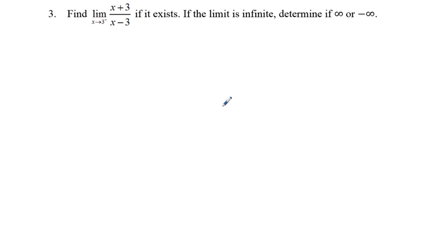Okay, 3, find the limit as x approaches 3 from the negative side of x plus 3 over x minus 3 if it exists. If the limit is infinite, determine if positive infinity or negative infinity. Well, if we just plug in 3, we're going to get 3 plus 3 over 3 minus 3, which equals 6 over 0, which is going to be infinite.